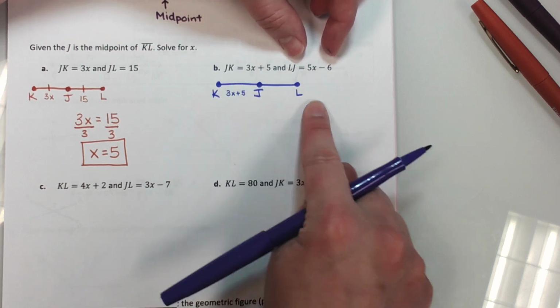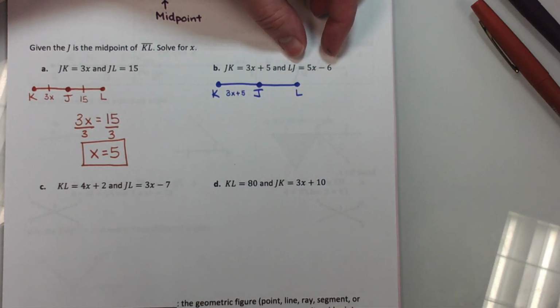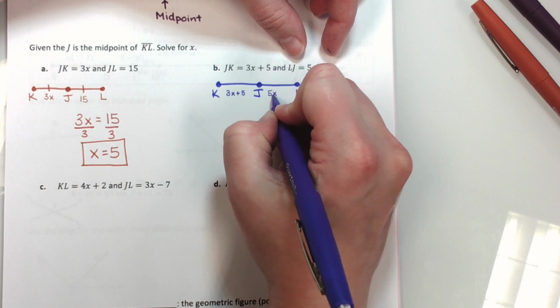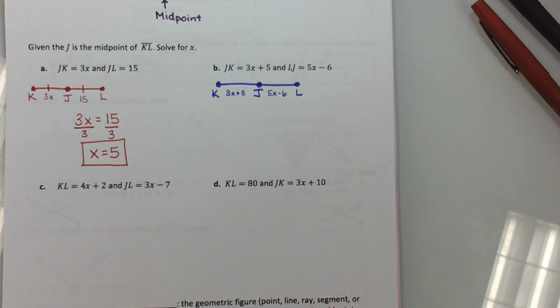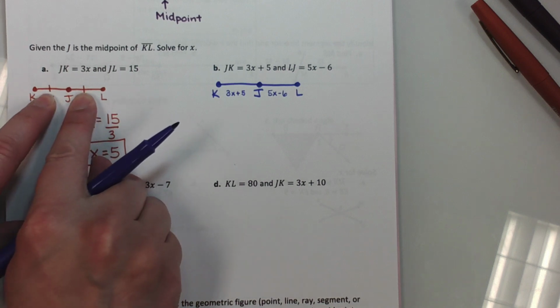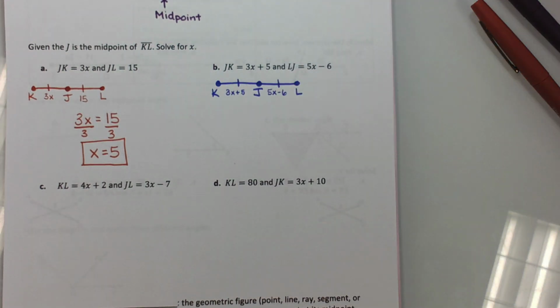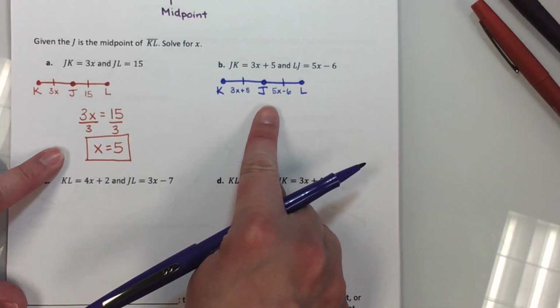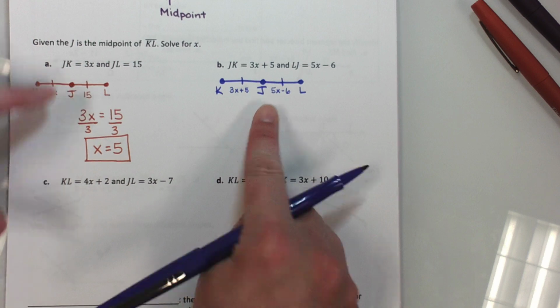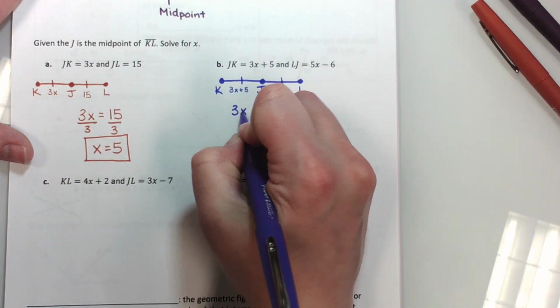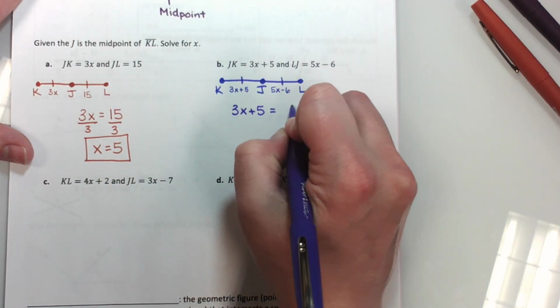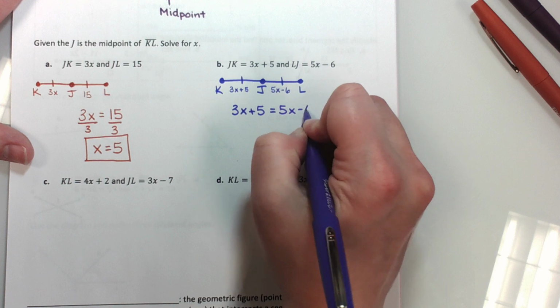Was that the right or the full thing? The right. I missed a very important piece of the markings that go on this picture. If it is a midpoint, I need to remember to put these on there. Is this problem really all that different from this one? No. Not really. Those are congruent, so I set them equal and I solve.